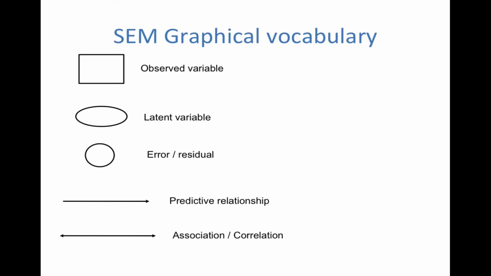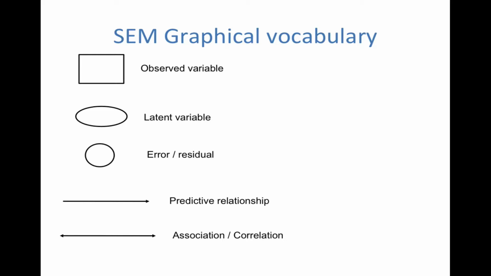Okay, so let's build up a vocabulary of terminology for structural equation modeling. You have rectangular or square boxes, and these are used to represent observed variables. These are things like the items on your personality test, responses to survey items about job performance, observed indicators of behavior.